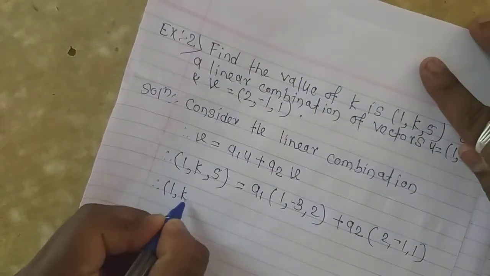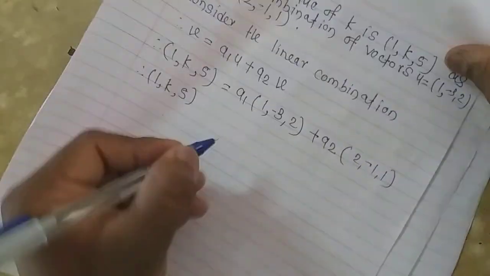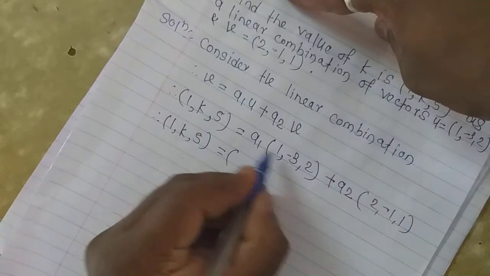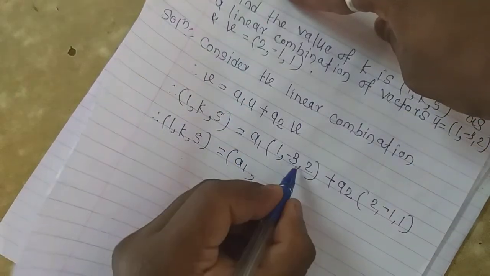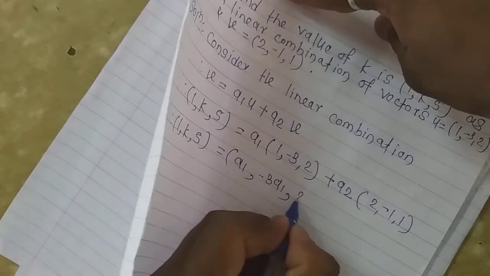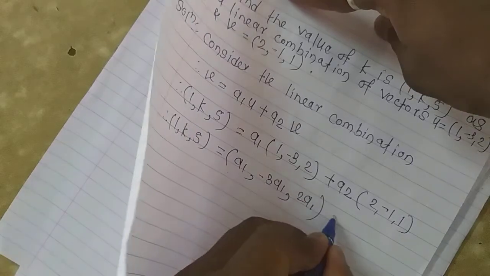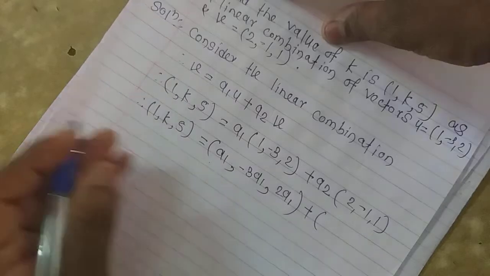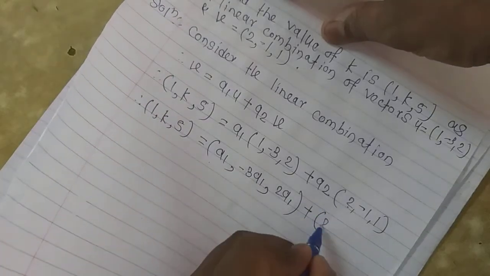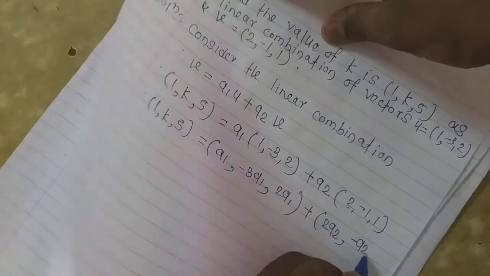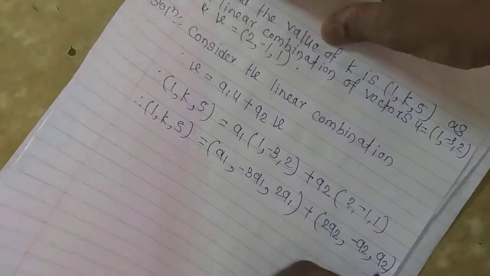Then (1, k, 5) is equal to a1 into 1 is a1, minus 3 into a1 is minus 3a1, a1 into 2 is twice a1, plus a2 into 2 is twice a2, minus 1 into a2 is minus a2, 1 into a2 is a2.